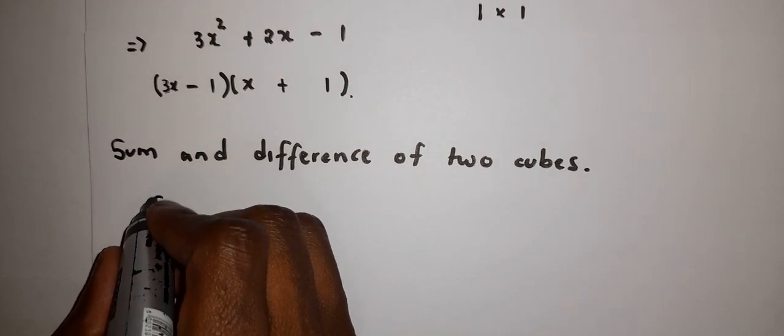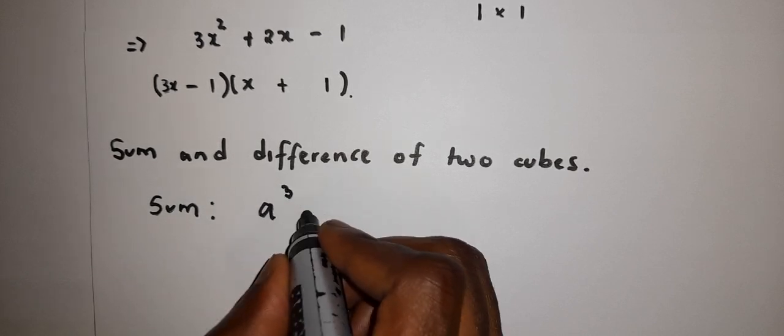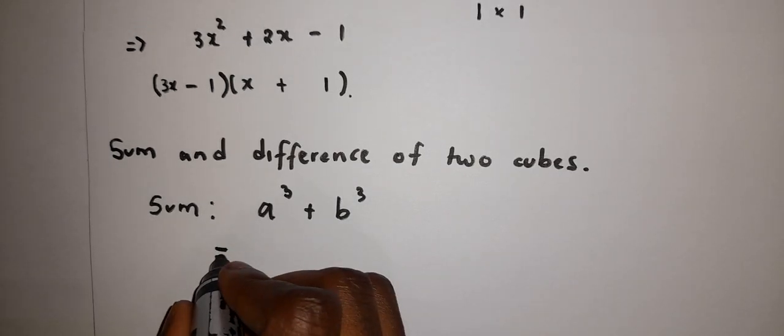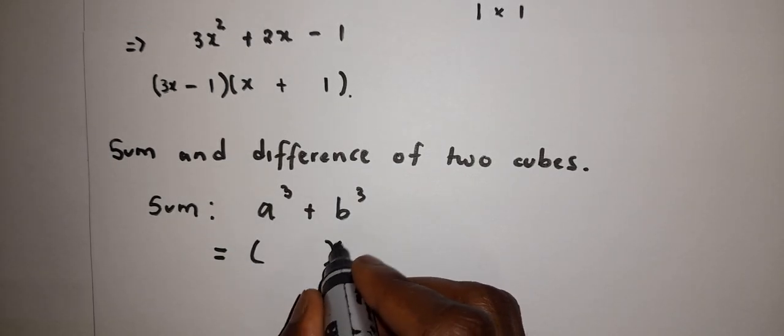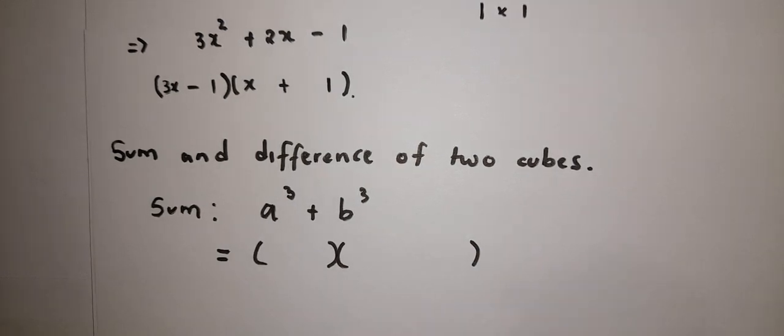Let's start with the sum. For the sum, we'll have a cubed plus b cubed. So to factorize this, you'll have 2 brackets, one smaller, one bigger. And then the smaller will be a binomial, the second one will be a trinomial.